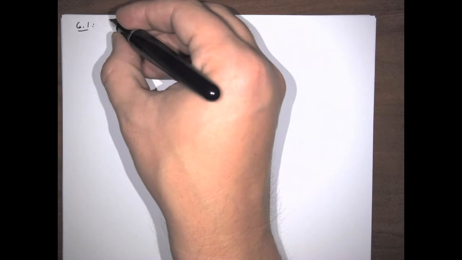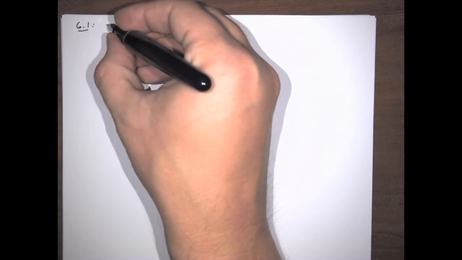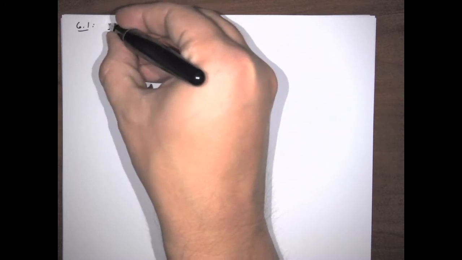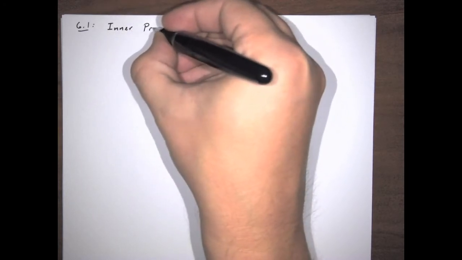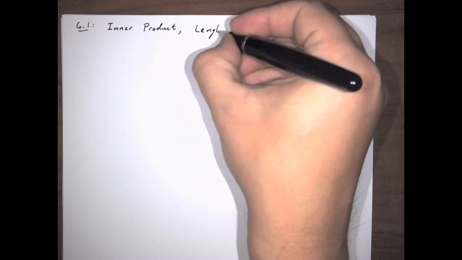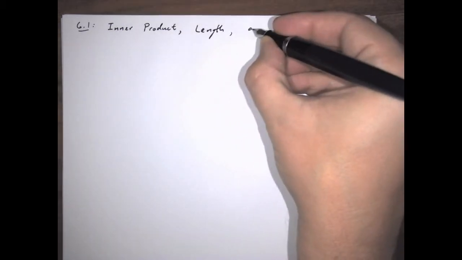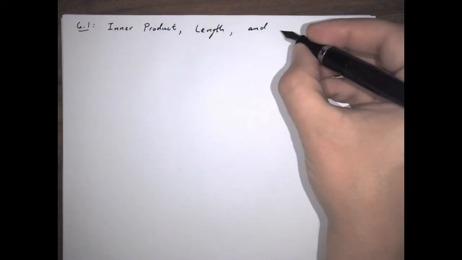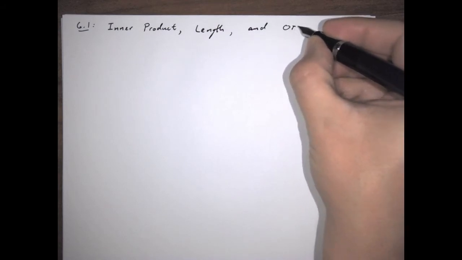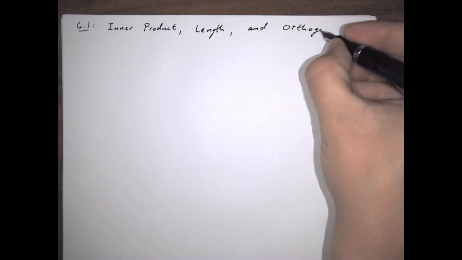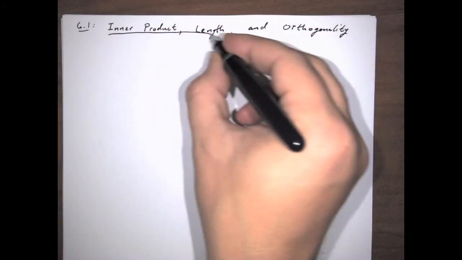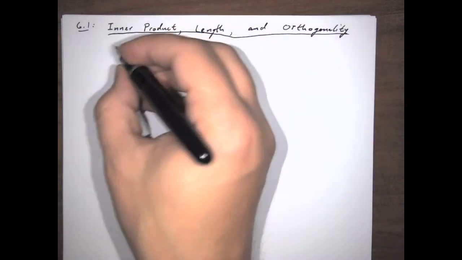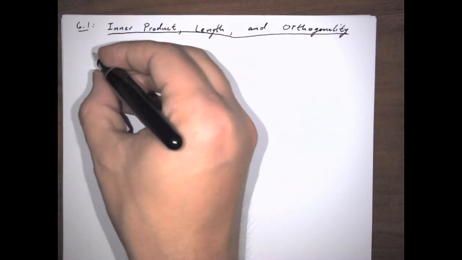But where we will start is in section 6.1, where we will be talking about three main things: the inner product, length, and orthogonality. Alright, so that's the agenda.